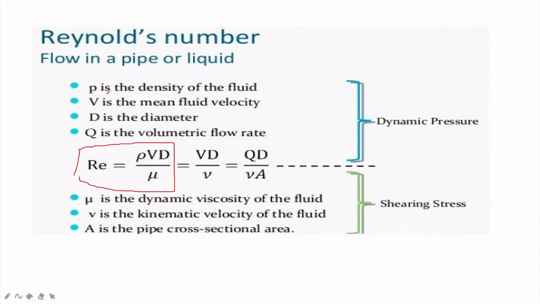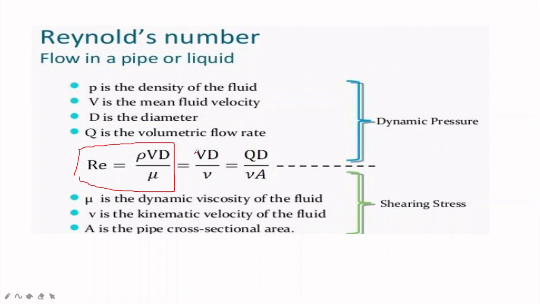Here rho is the density of the fluid. V is the mean velocity of the fluid. D is the diameter. Q is the volumetric flow rate. Mu is the dynamic viscosity of the fluid. Nu is the kinematic viscosity of the fluid. A is the pipe cross sectional area. So what is Re?